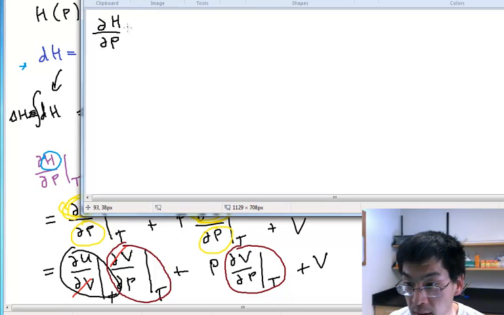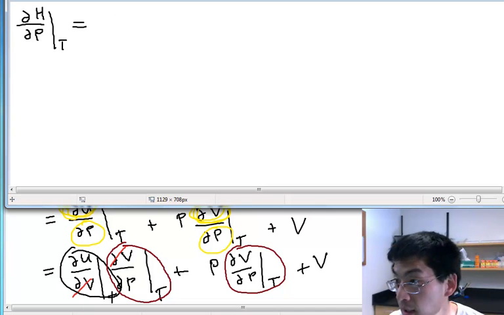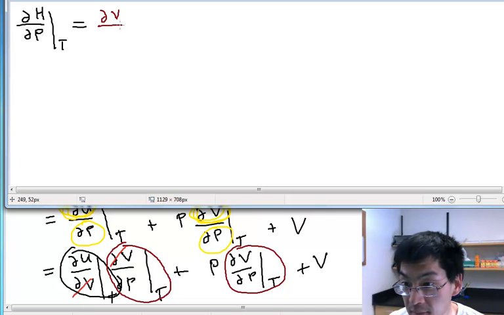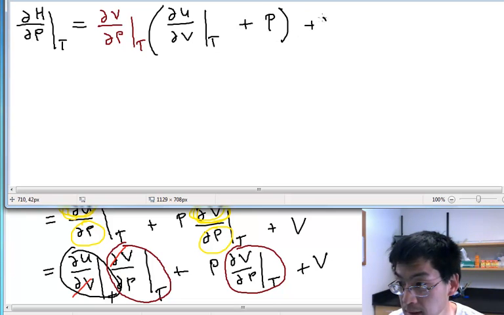This whole thing was dH/dP at constant T, and that equals, I'm going to factor out dV/dP at constant T, and that was dU/dV at constant T plus P. There it is, plus V.